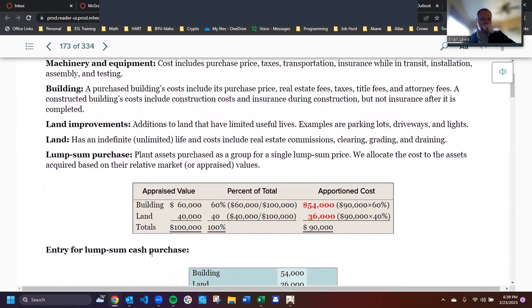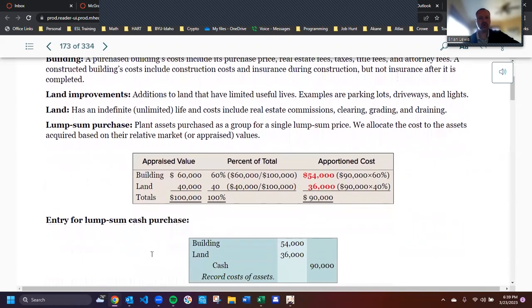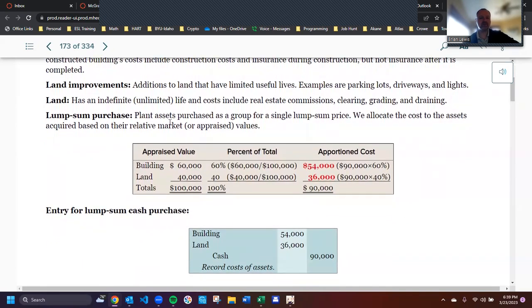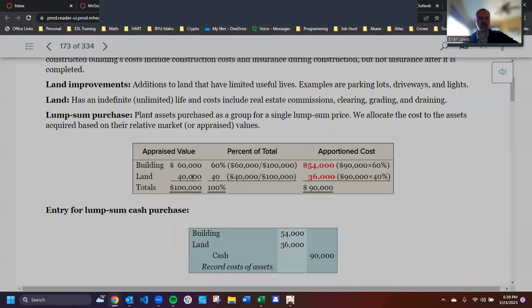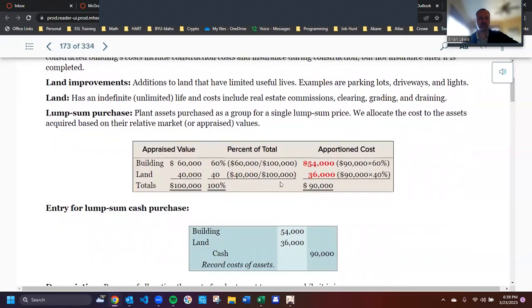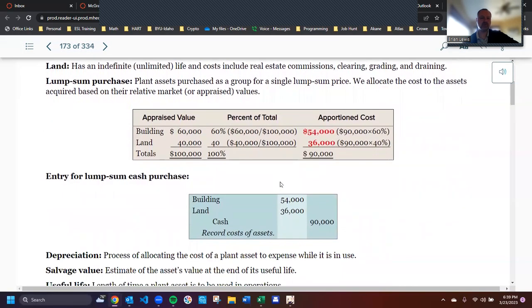And let's see. Oh, I said if it's a lump sum purchase price, you have to figure out how to allocate it between the building and the land. If you paid $100,000, how do you split it between these two components? So it's always quite a trick to figure out what the land value really is. But usually they can figure that out based on something like price per acre.